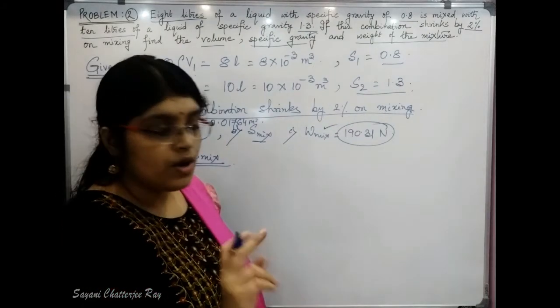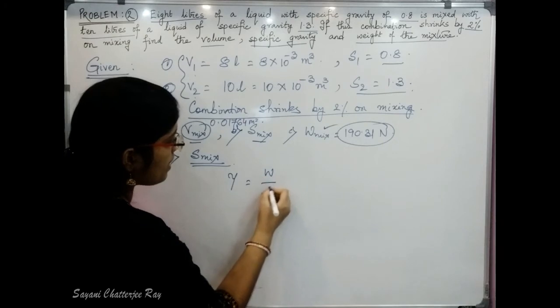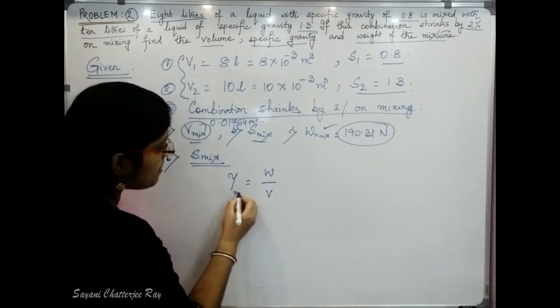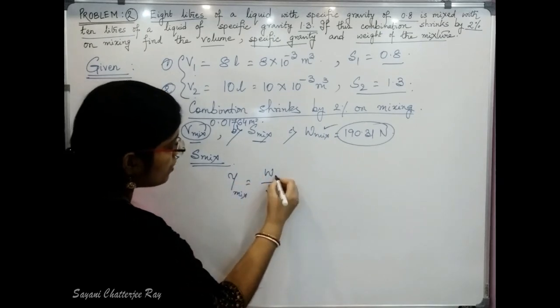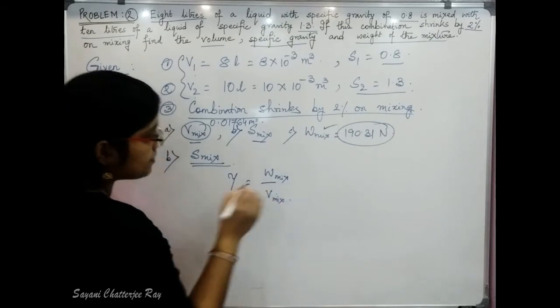Now we all know that gamma equals W by V. So we will simply write it as gamma mix equals W mix by volume of the mix.